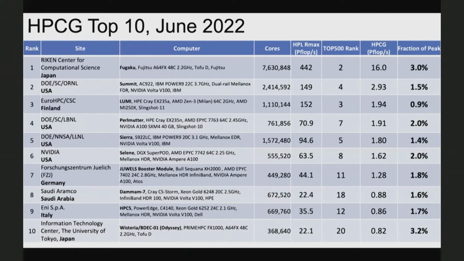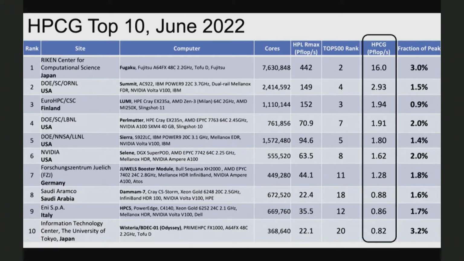So this is the result of that benchmark, HPCG benchmark. Unfortunately, for Frontier, they didn't have time to put together a run, so we don't know how it performs, but the rankings here show that the Japanese machine, the Fugaku system, is the #1 machine, and it performed the benchmark.